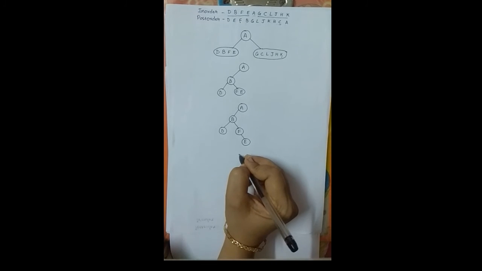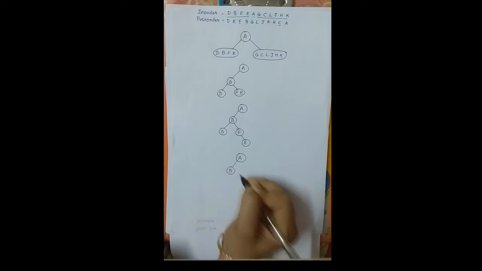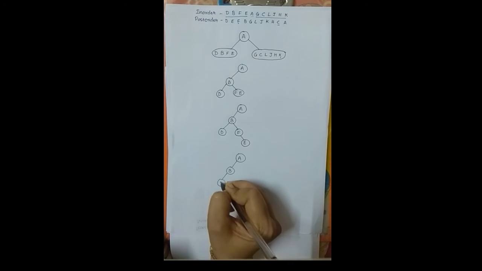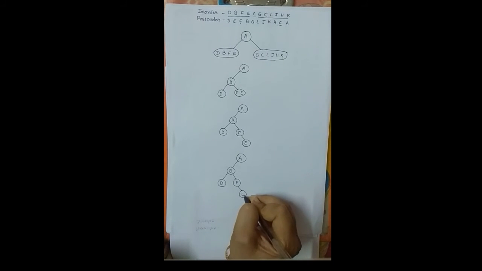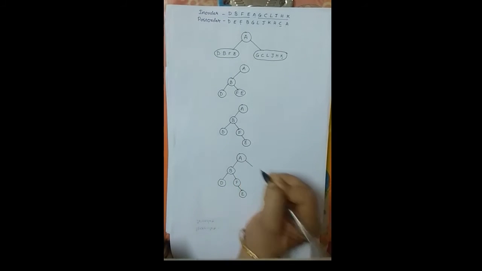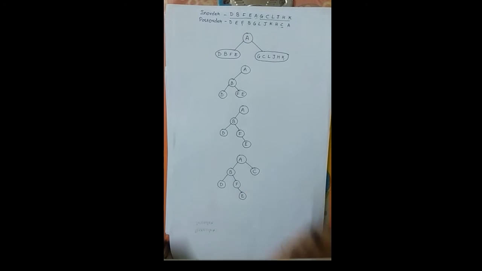Now let us continue. I will mark the previous nodes as it is. This is the previously constructed tree, F. I have E over here. Now on the right of A, we got that C is going to be the root.